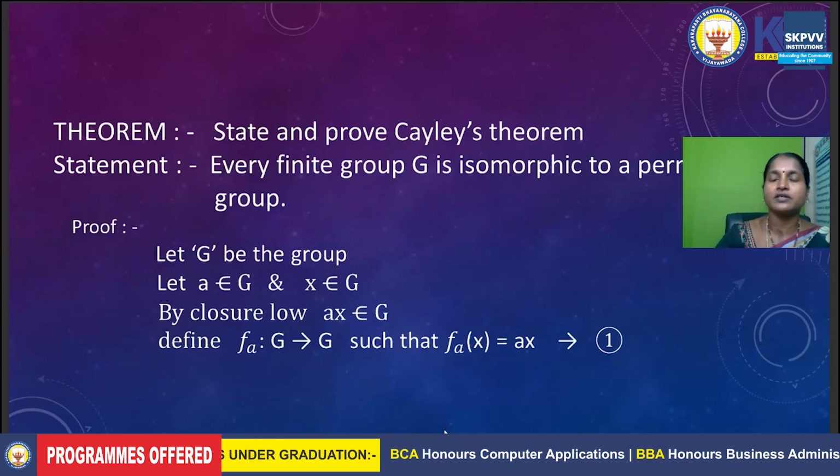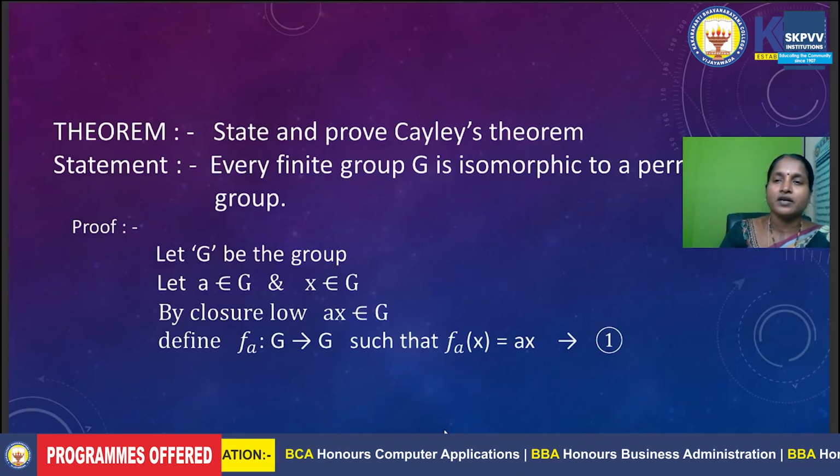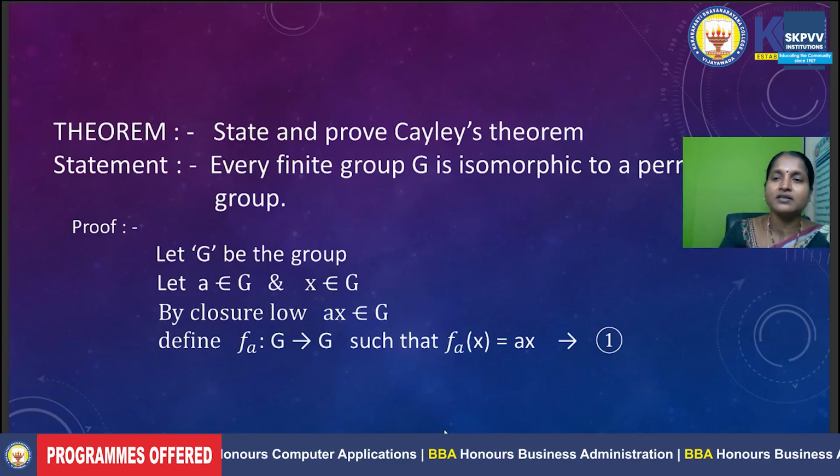A mapping is a permutation if it is 1-1 and onto. In the first part we prove it is a permutation, and in the second part we prove it is a permutation group. Group means, as we know from previous classes, that it satisfies closure, associative, identity and inverse. If these four axioms are satisfied, then it is a group.